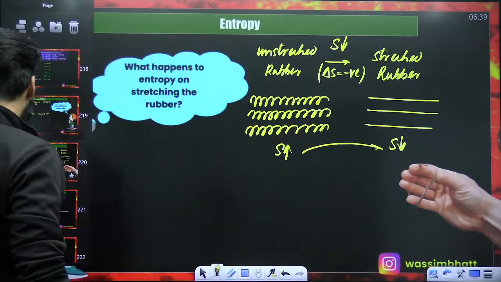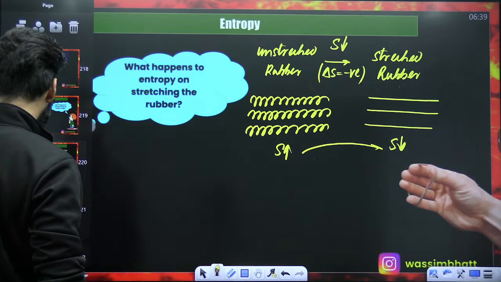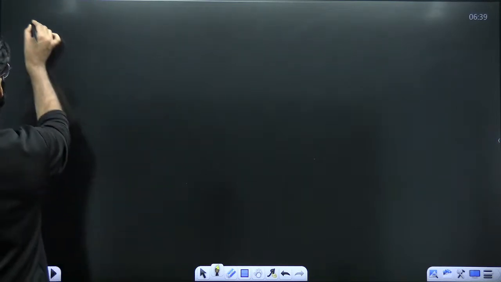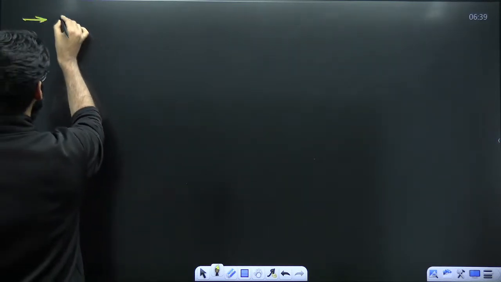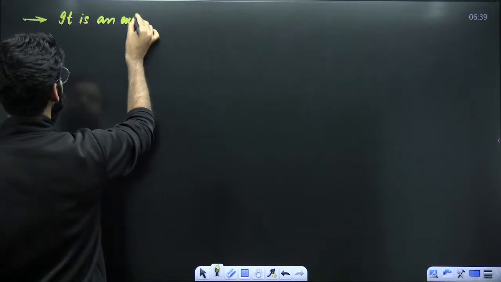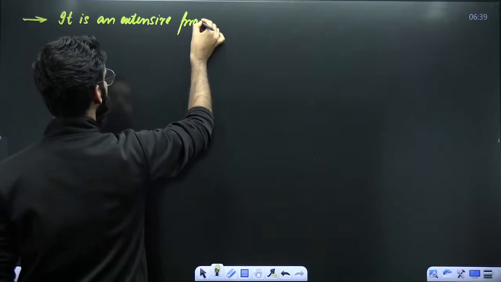Now, my dear students, there are a few important characteristics of entropy which you need to know. The first one: entropy is an extensive property.